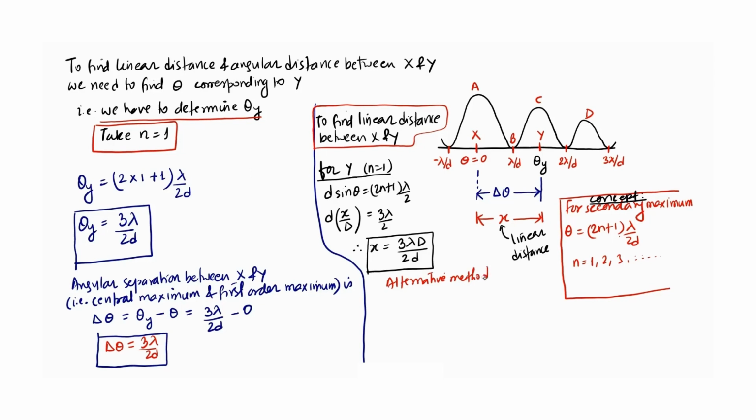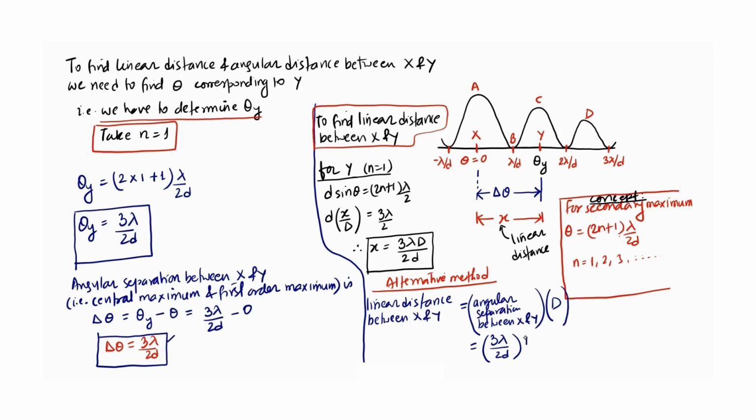Alternative method, okay? We use this concept, linear distance between x and y equals angular separation between x and y times capital D. So we have this, and we know angular separation is 3 lambda by twice d.